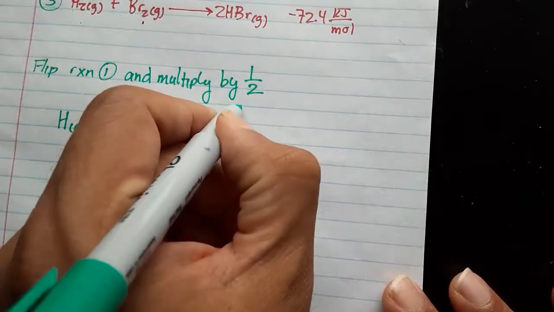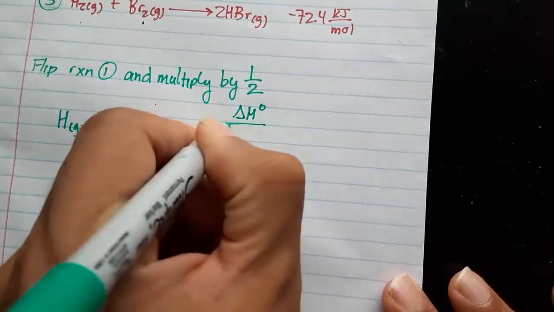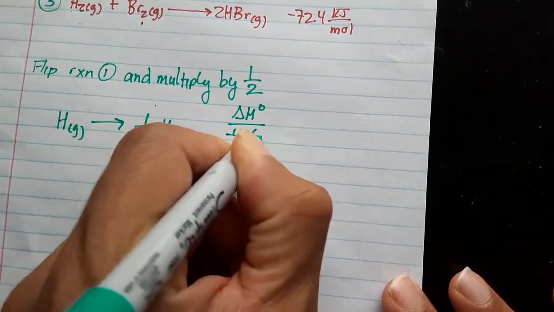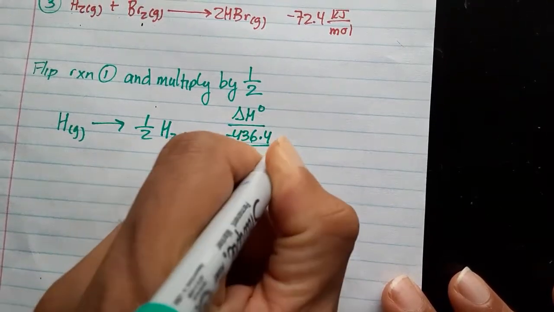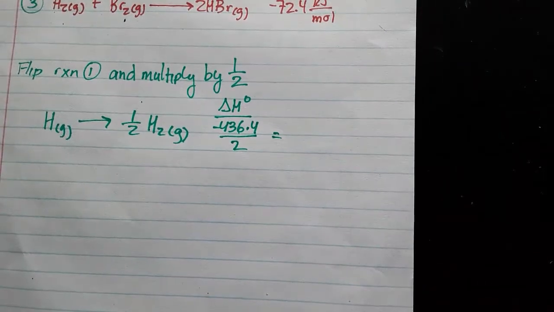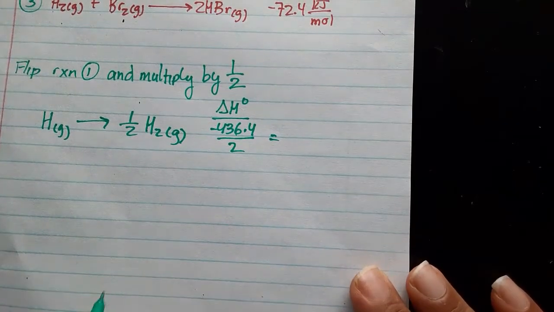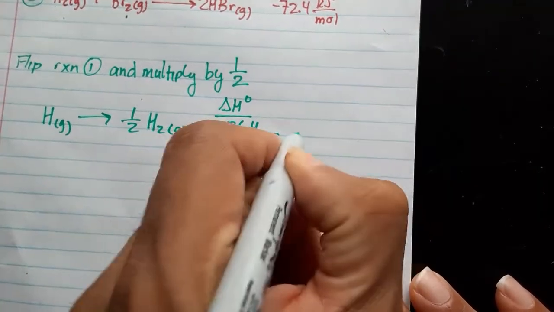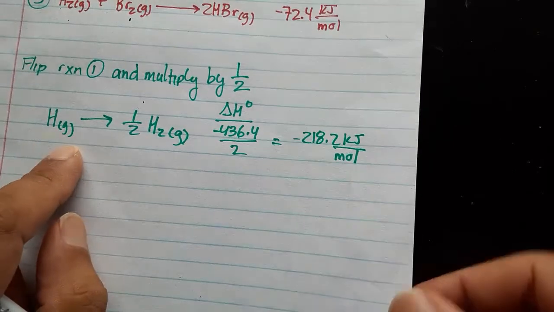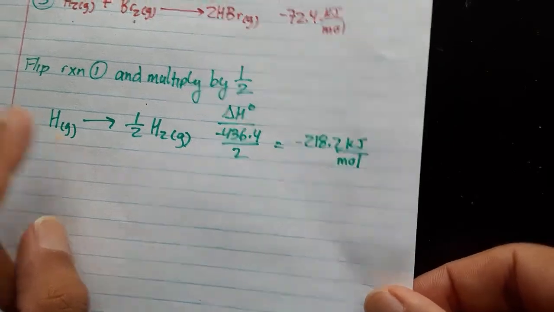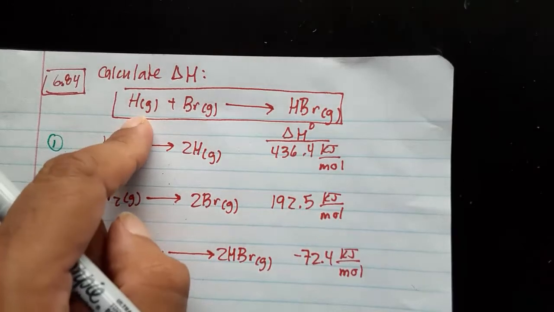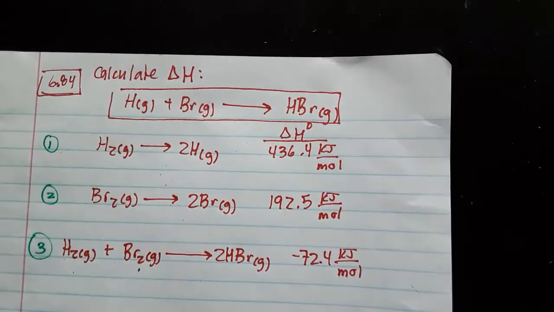So the standard enthalpy for this reaction is going to be minus 436.4 divided by 2, and that value turns out to be minus 218.2 kilojoules per mole. The reason I did that is to have my H gas on the reactant side, and here in my net equation I have H gas on the reactant side.